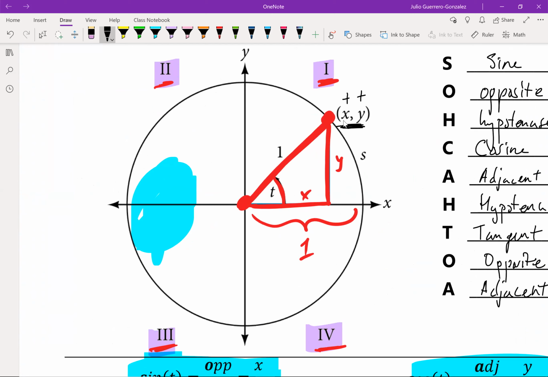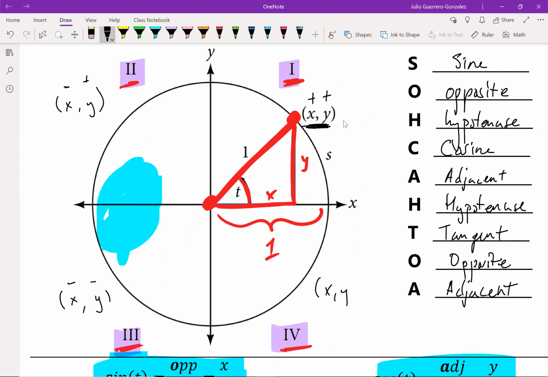In quadrant 2, your y's are going to be positive, but since you're in the negative direction, the x's are going to be negative, right? In quadrant 3, you're in the negatives of both. So the x's and the y's are both going to be negative. And then lastly, in quadrant 4, your x's now are positive, your y's now are negative since you're dipping down.